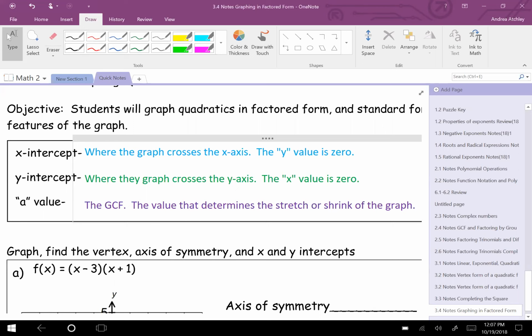Any questions over that? Okay, so let's graph this.